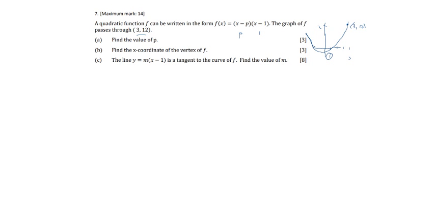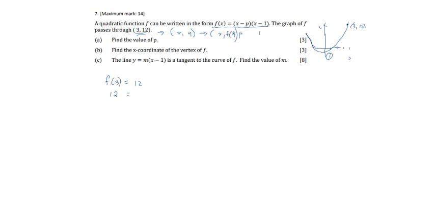Now, how do we find the value of p? Then we can use the coordinate (3, 12). This is the same as x and y, also x and f of x. So if our x is 3, f of 3 must be equal to 12. We use this given where x equals 3 and f of x equals 12.